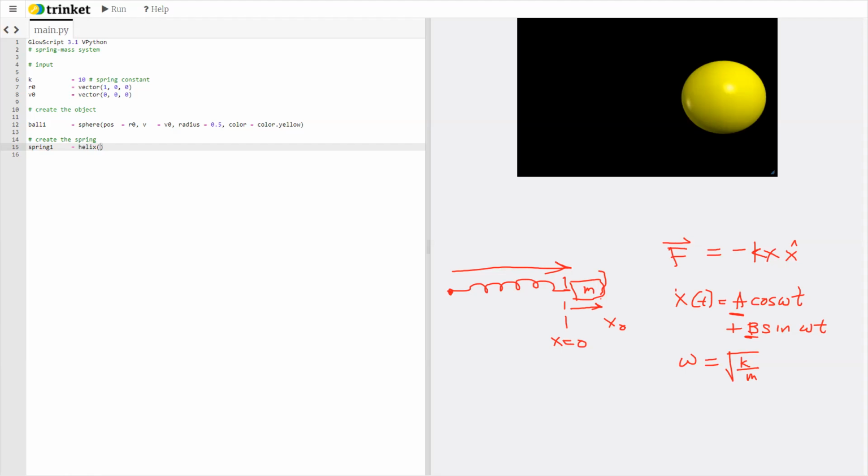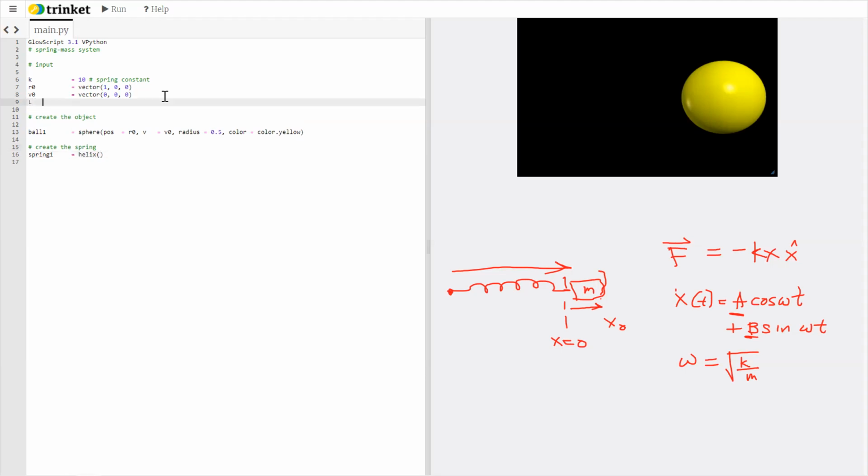So we need to include the length of the spring, L. Let's say L is equal to 5 times the initial displacement, so that we are sure that the spring length is always longer than the displacement.